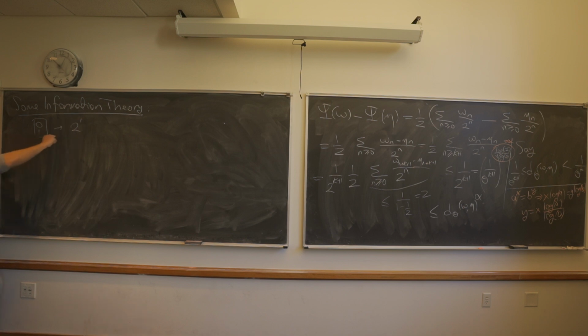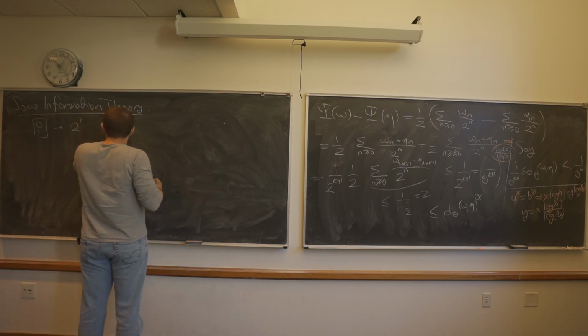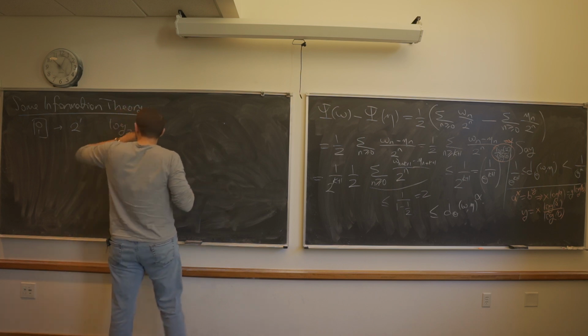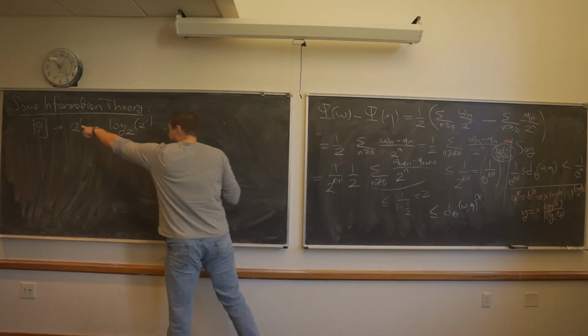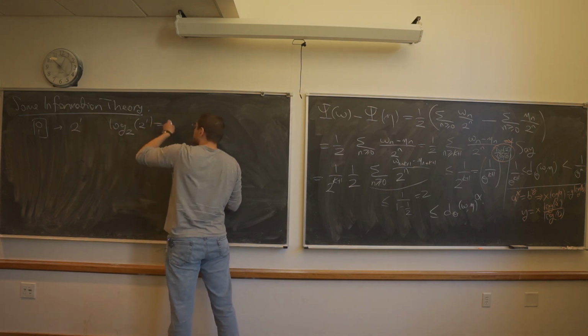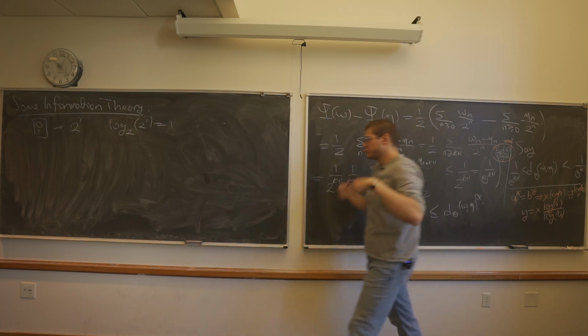So how do you get to 1? Well, you take log in base 2. And so you say that knowing the state of the system has 1 bit of information. So a bit is a certain unit of information.